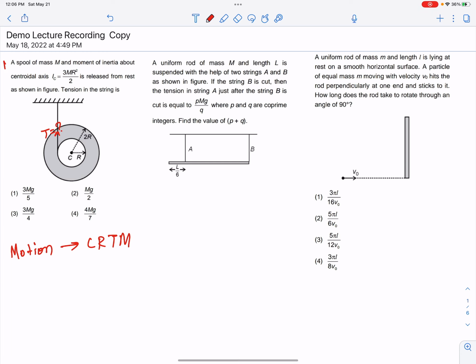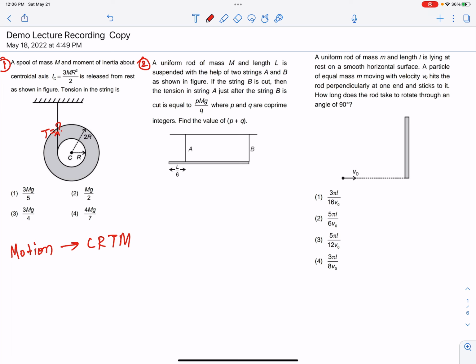Look at the second question. A uniform rod of mass m and length L is suspended with the help of two strings A and B as shown in the figure. If the string B is cut, then the tension in string A just after the string B is cut is equal to this, where P and Q are co-prime integers.